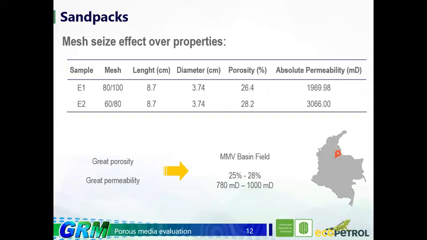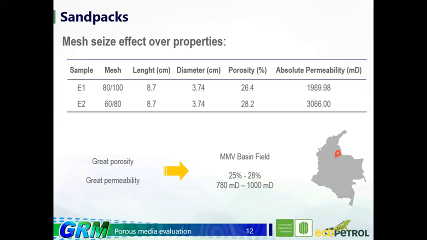And about the permeability, the same happens. There is a permeability of around 3,000 millidarcies. So in this case, the use of sandpacks gives great porosities and great permeabilities that are required for making a representation of this field of the Magdalena Basin in Colombia.